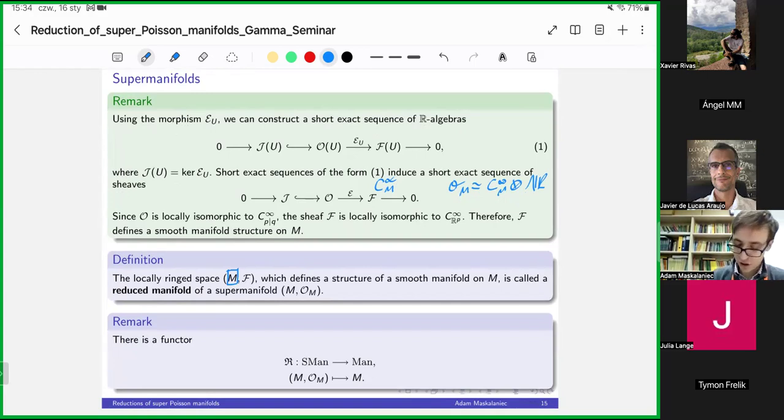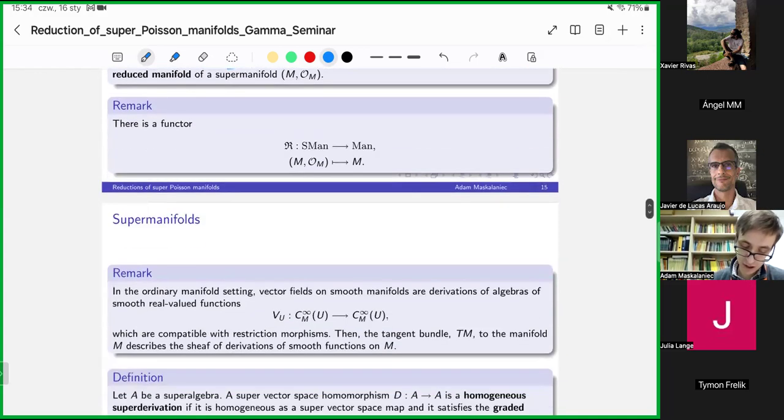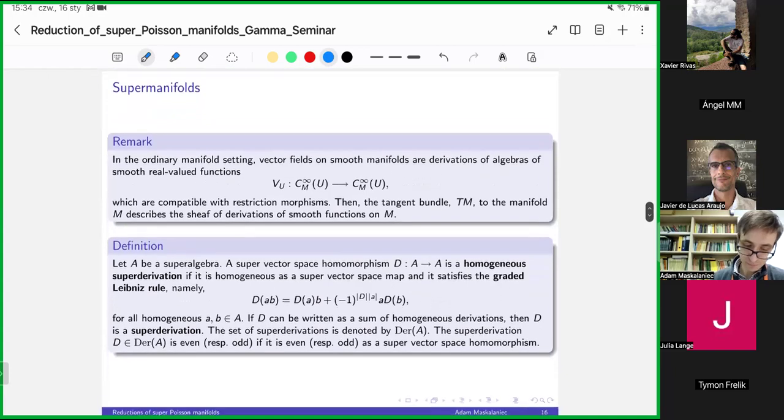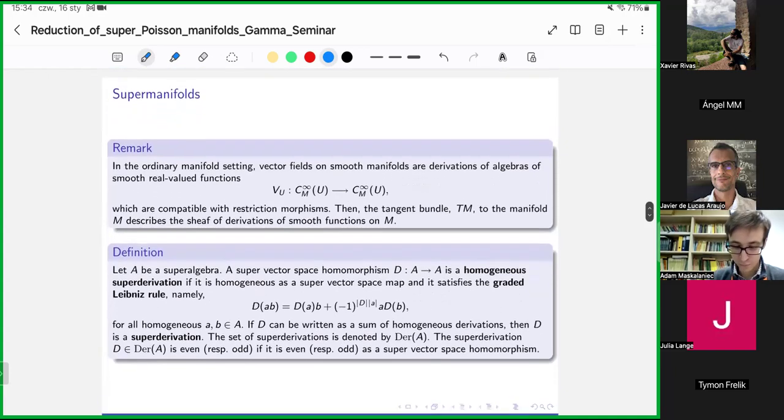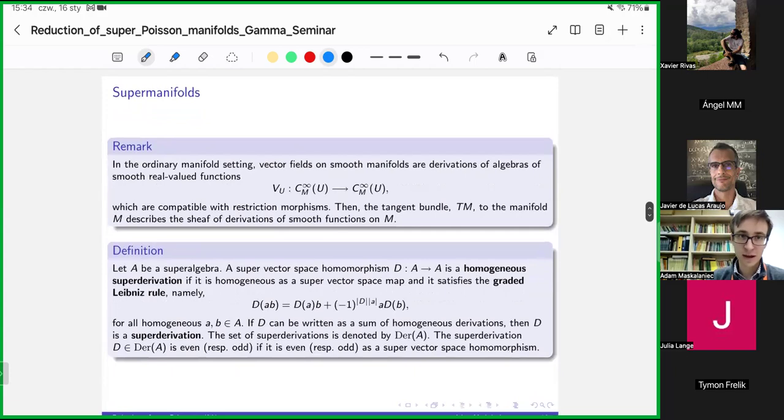This construction is completely natural, so it gives rise to a functor from the category of supermanifolds to the category of manifolds.